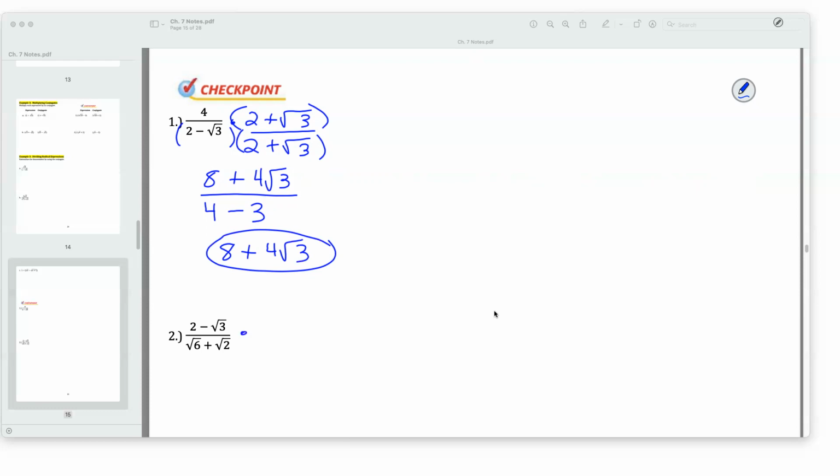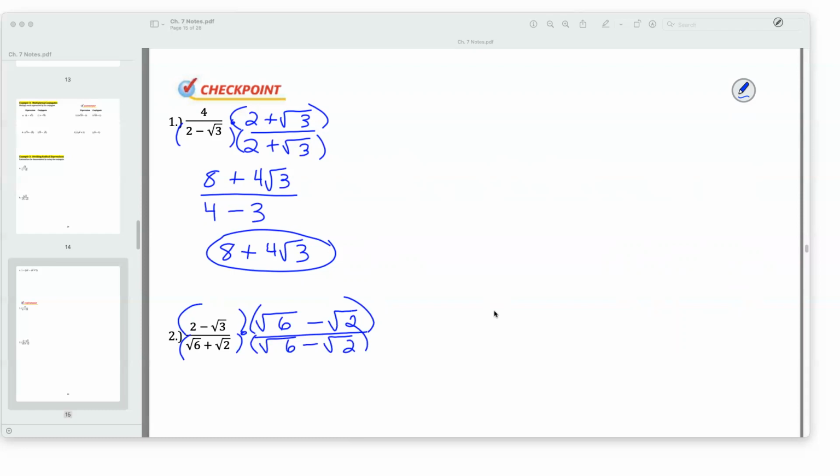For number 2, we're going to multiply by the square root of 6 minus the square root of 2 over the square root of 6 minus the square root of 2. The numerator is a full-on FOIL problem, because the numerator expressions are not conjugates.